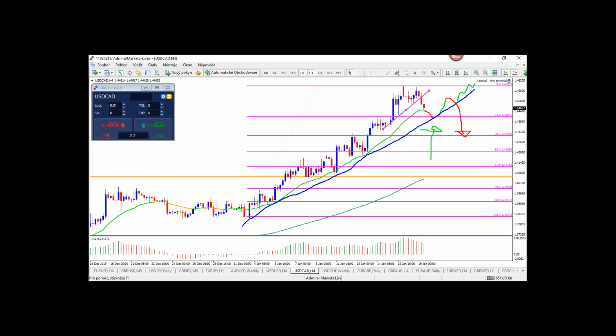Of course, it doesn't have to break. It can continue, keep crawling like that, and keep breaking this top. The 38.2 fib should be a bouncing spot again, potentially.